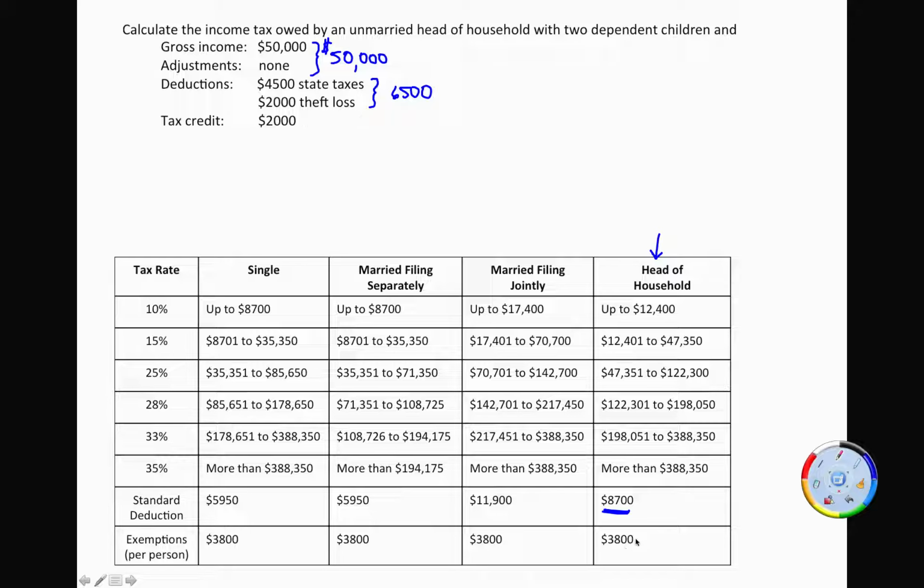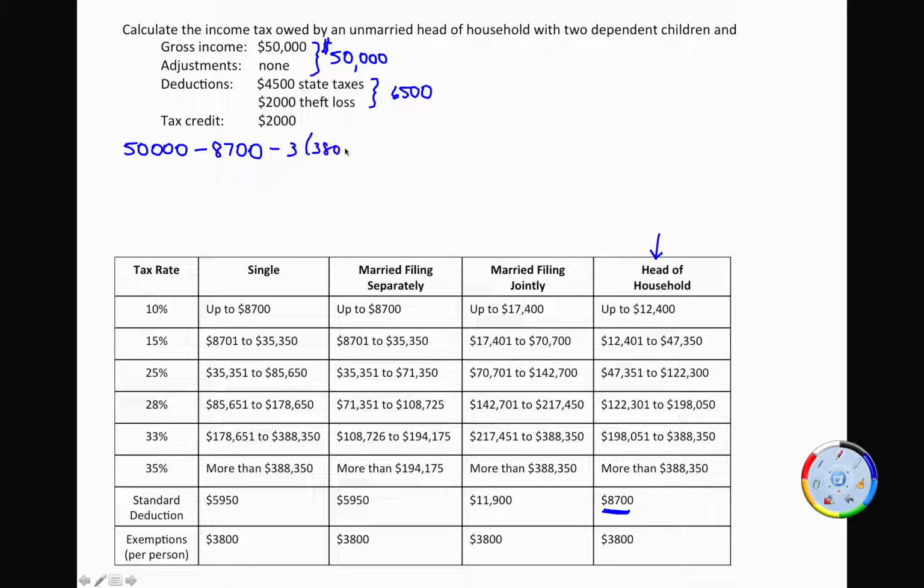And, okay, he's an unmarried head of household with 2 dependent children. He gets to take off $3,800 for him and each of his dependents. So the first thing we're going to do is take our income, subtract our standard deduction, because that's better than anything that we have itemized, and for most of us, that's always the case. And then I'm going to take off 3 3,800s.